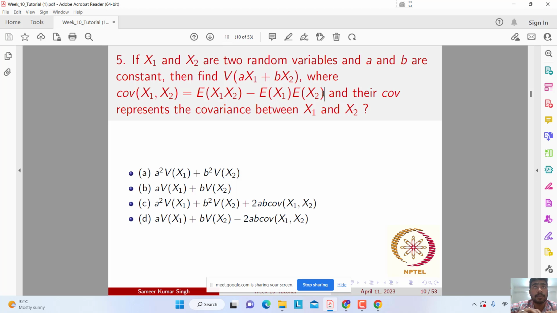Please focus, everyone. If both are independent, we can write E of x1 into x2 directly as E of x1 into E of x2. Then our covariance will become 0. So if we mention that x1 and x2 are independent, this term becomes 0 and our answer will be this. Is it clear to everyone?